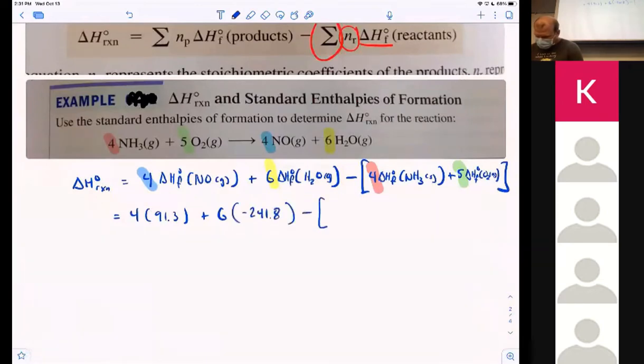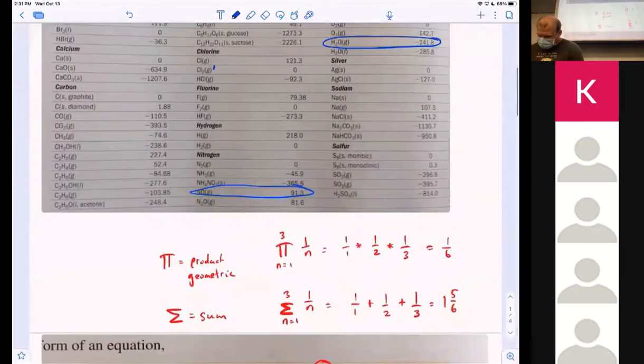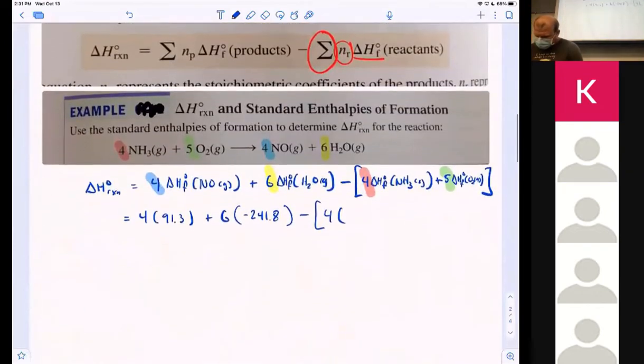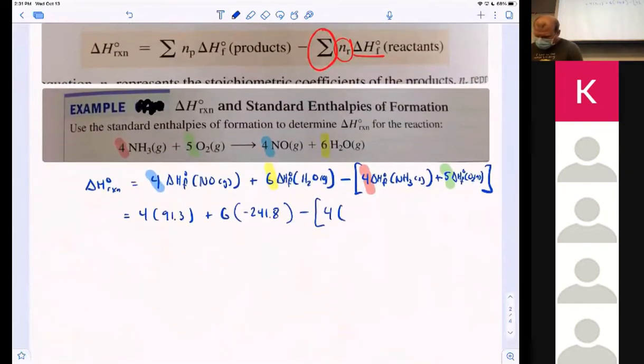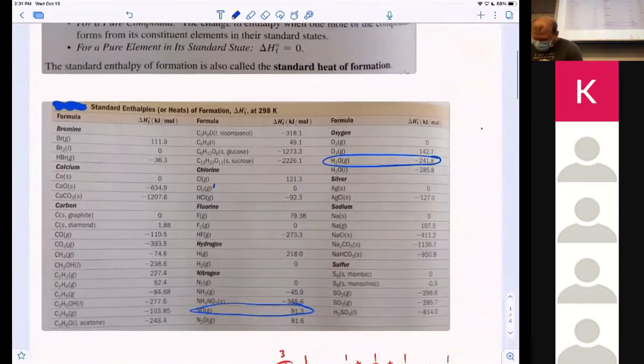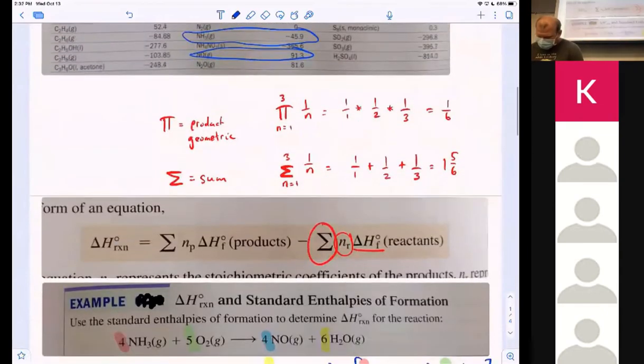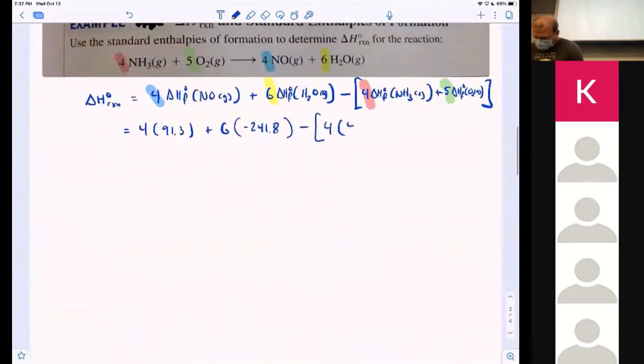Minus the quantity 4 times, no, I'm sorry, the ammonia. What am I doing? 4 times ammonia, minus 45.9.